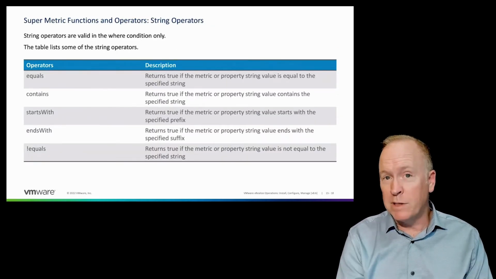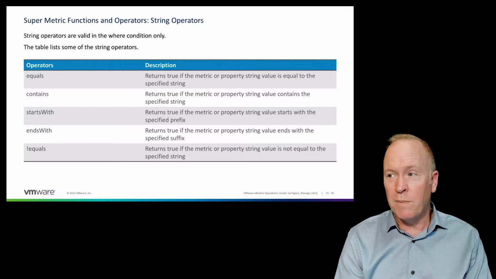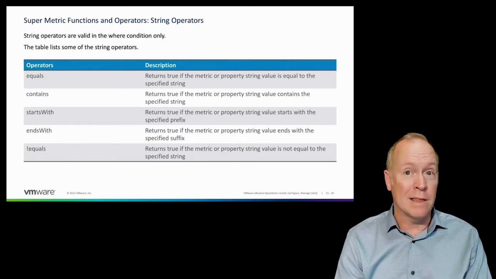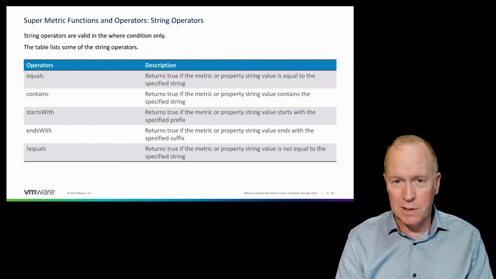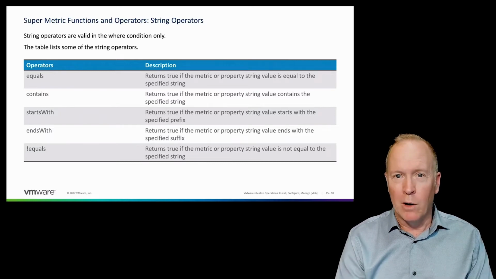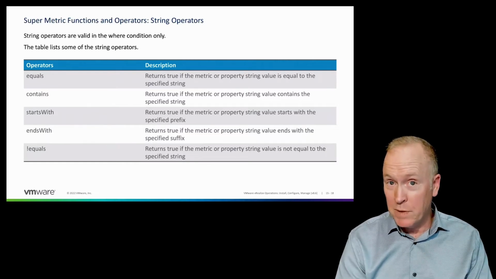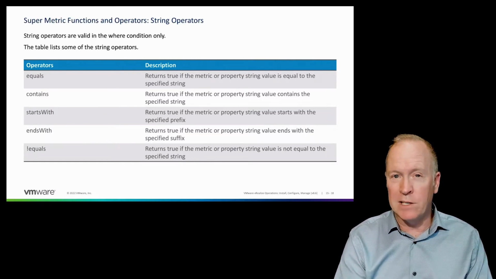In all the examples that we've been giving so far, we have been assuming that the performance metric or metrics that we're working with return numbers. The majority of performance metrics return numbers. But there are some supermetrics that, instead of returning a number, return a string. So in your supermetric, we have these string operators that you can use.